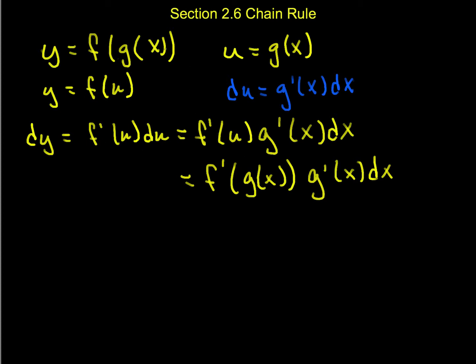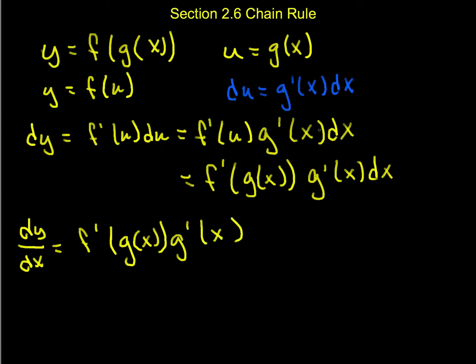So this can give you a quick way. If you just see that, oh, I've got a composition of functions, then the differential of y is f prime of g of x, g prime of x, or writing in the derivative form, dy dx is equal to f prime of g of x times g prime of x.